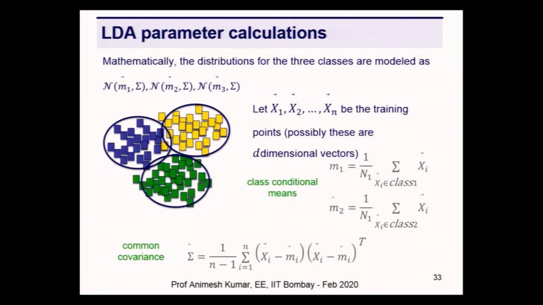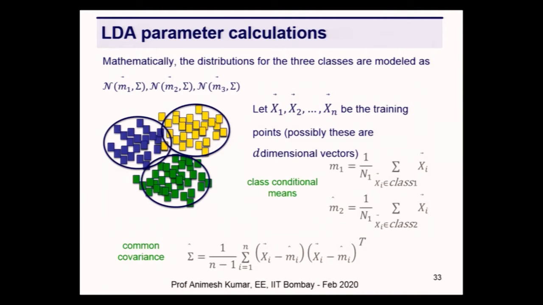What about the covariance? Well, the covariance is common to all of them. For class conditional means, we use all the points which are labeled as class 1 only to get the class conditional mean. But for the covariance, we use them all together.